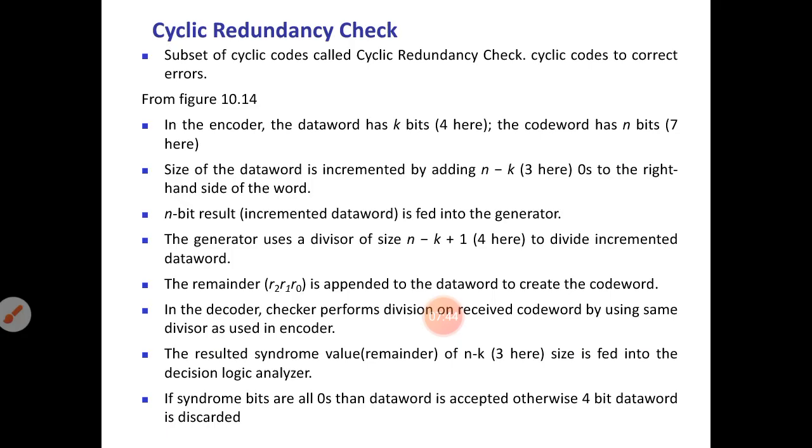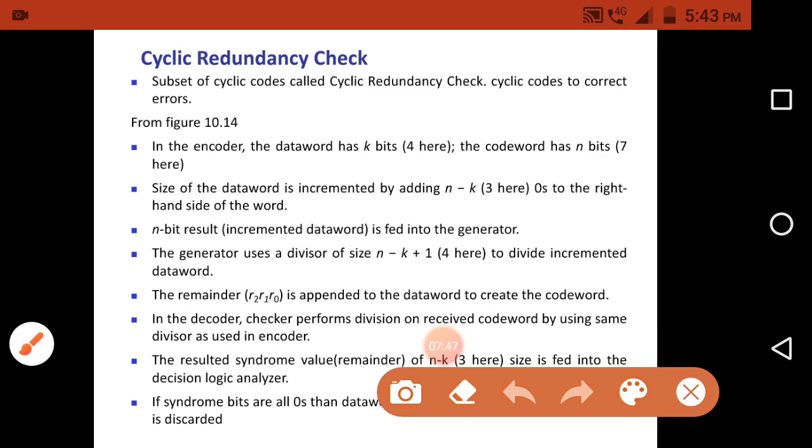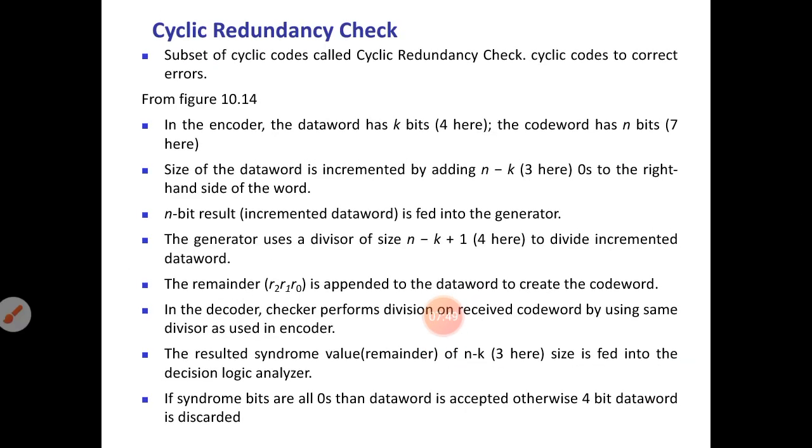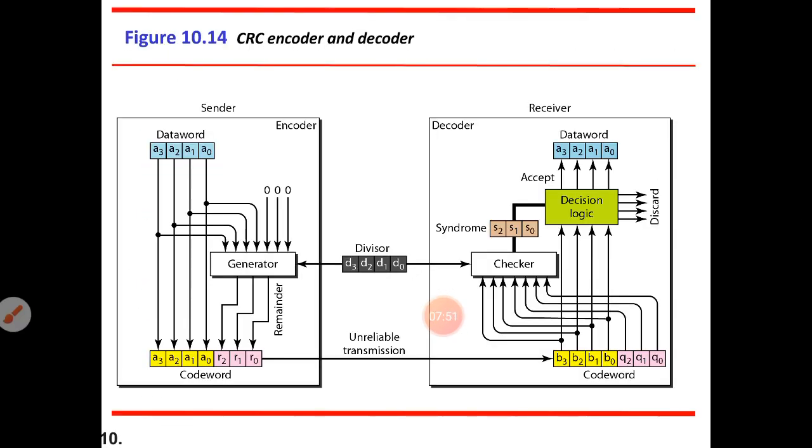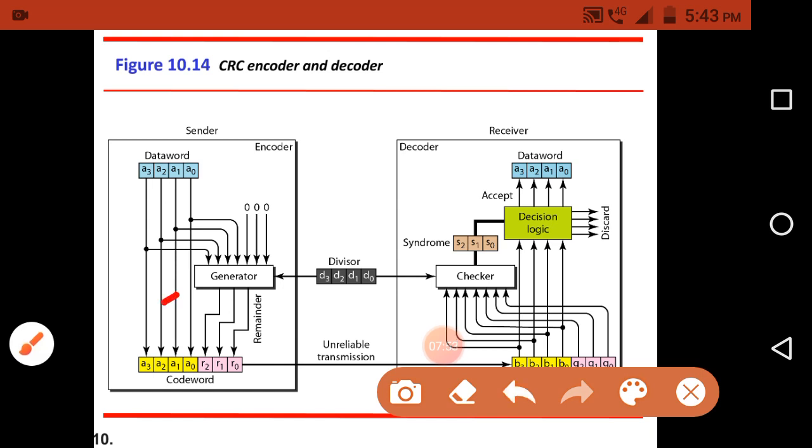After that, the generator uses that divisor to divide the incremented data word. Whatever remainder we get, the remainder size will be 3 bits.